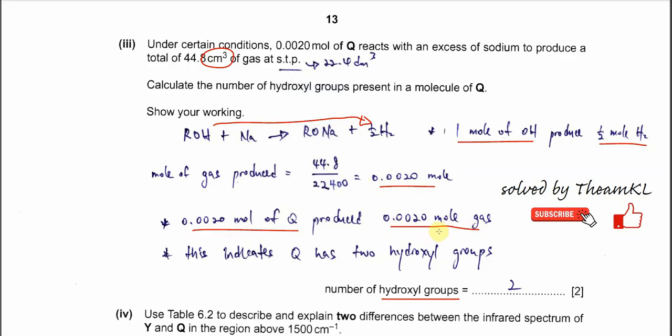Therefore, we are quite sure Q has 2 hydroxyl groups. Because 1 mole of OH forms half a mole of H2, but now it is 0.002 from 0.002, 1 to 1. It shows that there must be 2 hydroxyl groups in this molecule Q. I hope you understand.